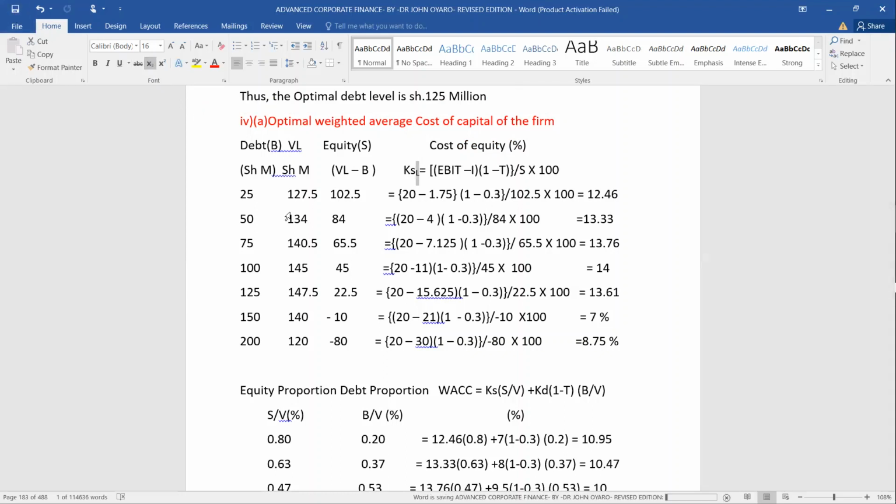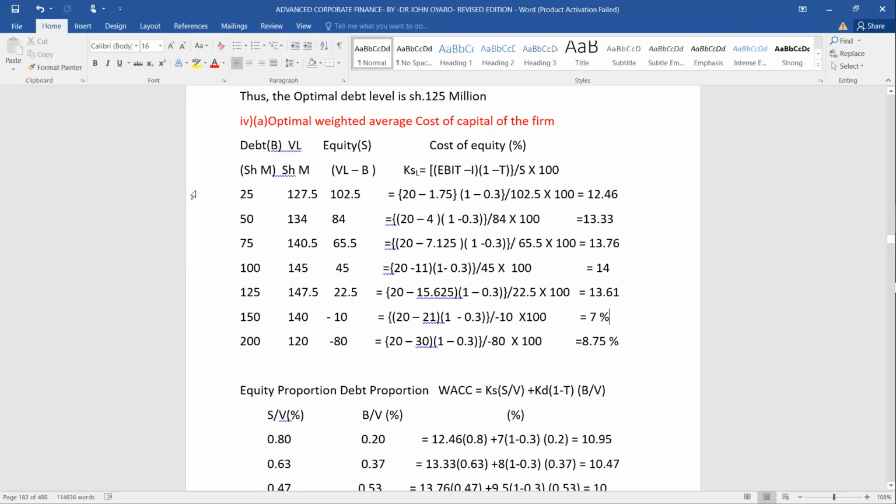So we go to our formula. Here we cannot use CAPM now. Operating profit minus interest. Now, we are given the corporation tax rate. So 1 minus T divided by the market value of equity times 100. Operating income is 20 million minus interest at 25% debt.